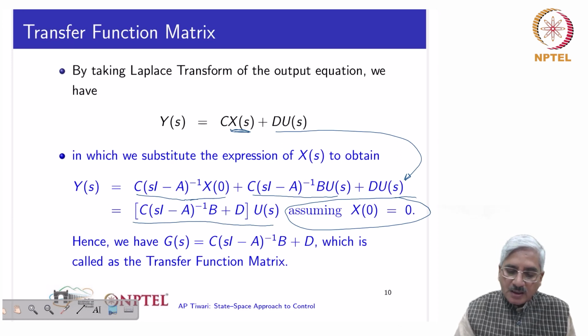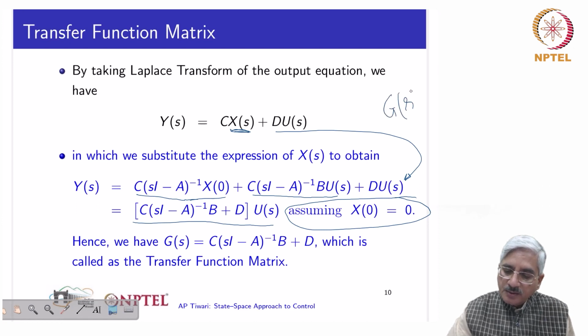Now if we compare it with the definition of the transfer function, remember it was given G(s) is Y(s) by U(s), or it can be written as Y(s) equal to G(s) U(s).